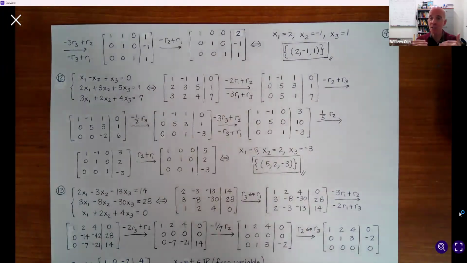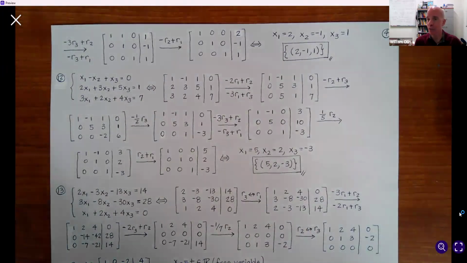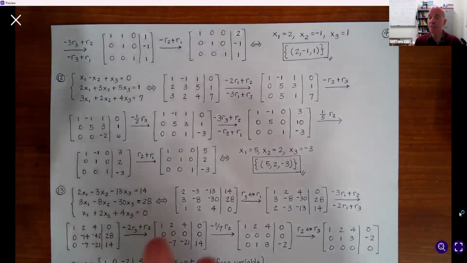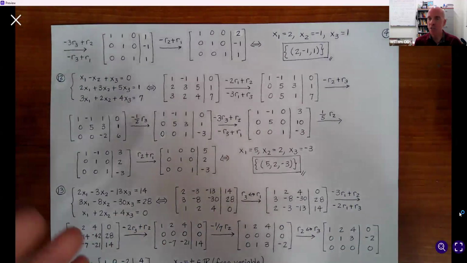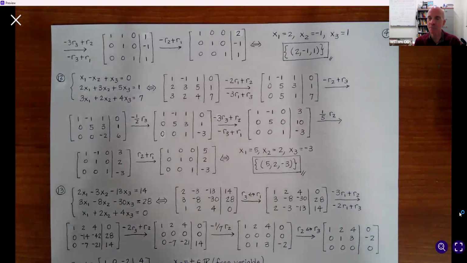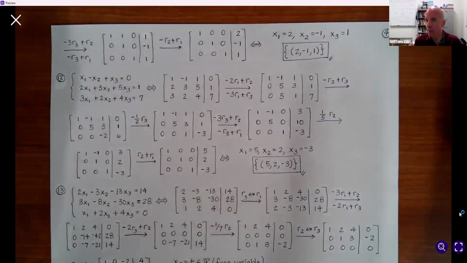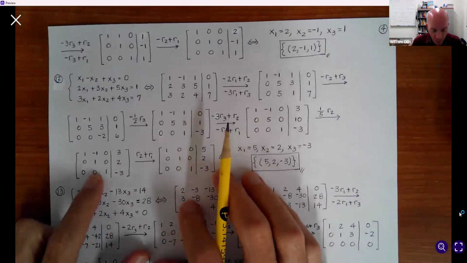This codifies the process of solving linear systems in such a way that it's very mechanical. However, it provides the person doing the process much leverage, that is, much flexibility, to create a system of arithmetic that is straightforward and as easy as possible. So now we're pretty much done.